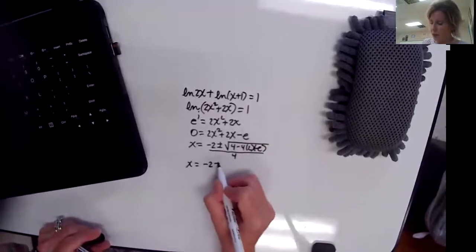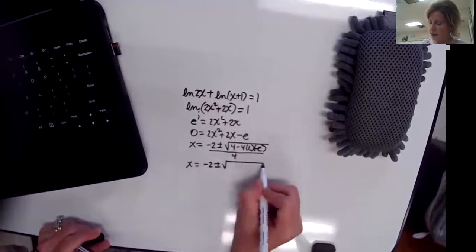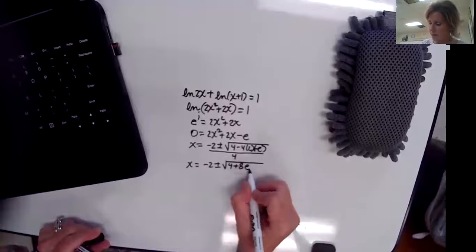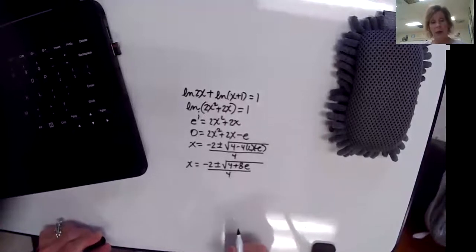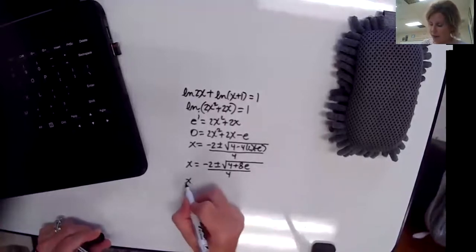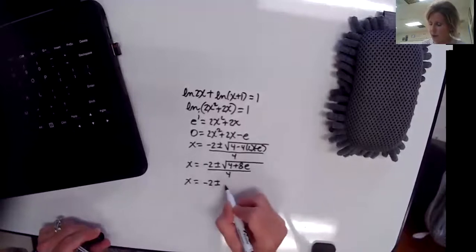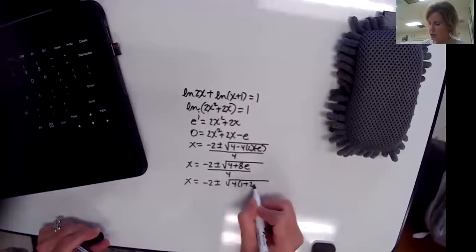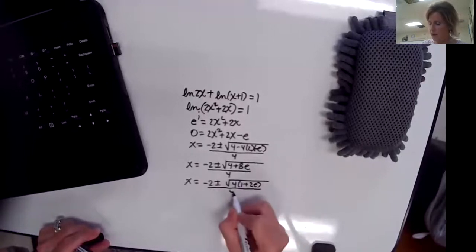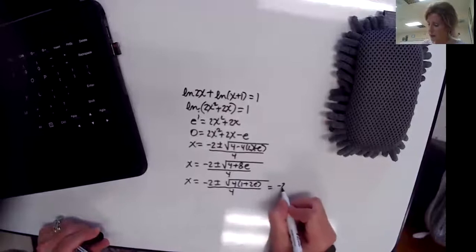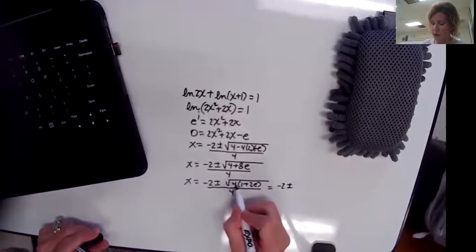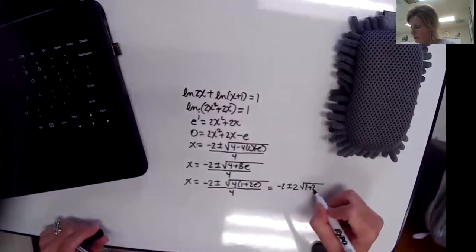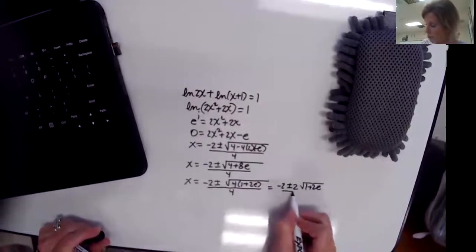Okay, so let's see here. I've got negative 2 plus or minus the square root of, this looks like it's going to be 4 plus 8e, I believe, all over 4. Now, I could actually simplify that a little bit, because if I factor out 4 on the inside and make it 1 plus 2e, do you see that's going to be negative 2 plus or minus the square root of 4 comes out as 2 times the square root of 1 plus 2e, all over 4.